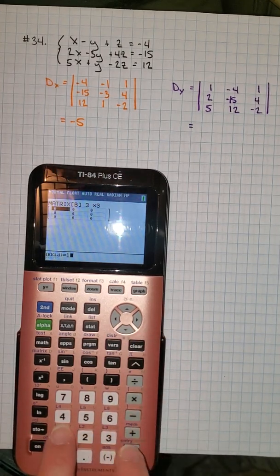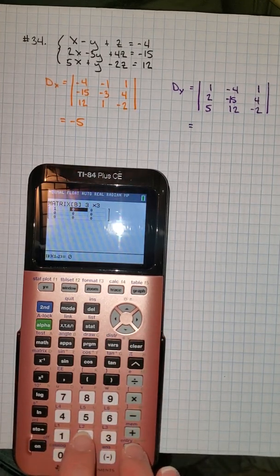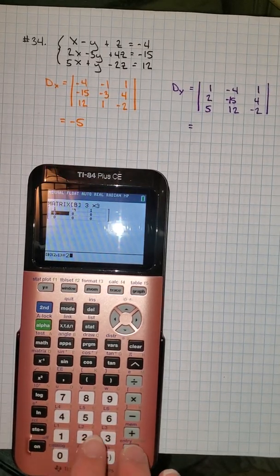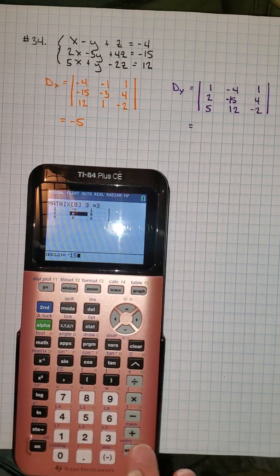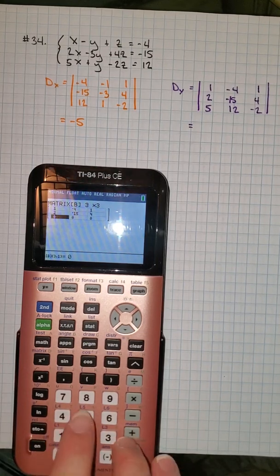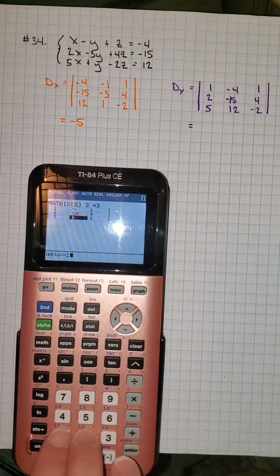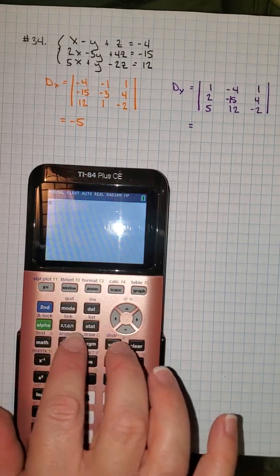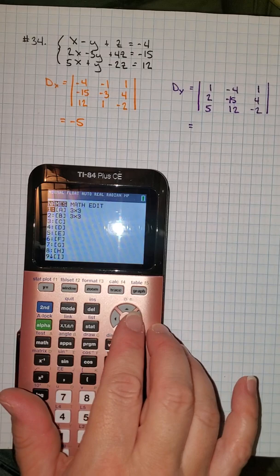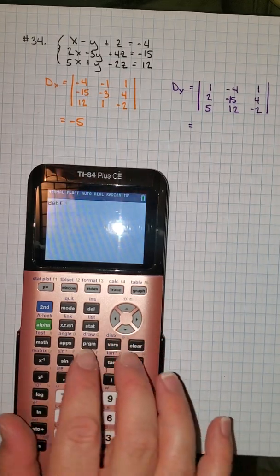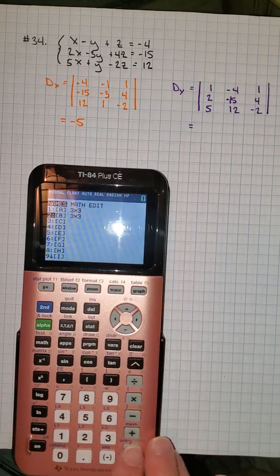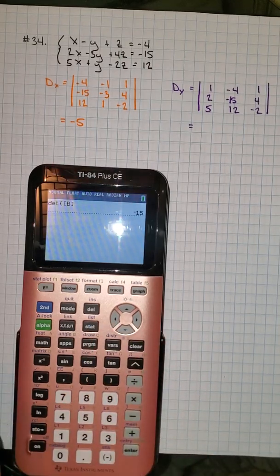Okay, so 1, -4, 1, 2, -15, 4, 5, 12, and -2. Okay, go to the home screen. The determinant of B, and I get -15.